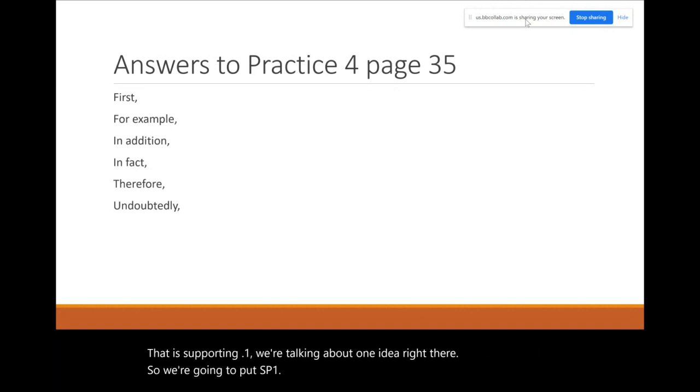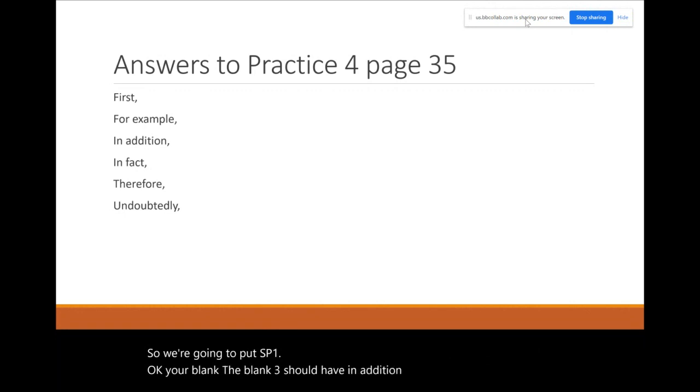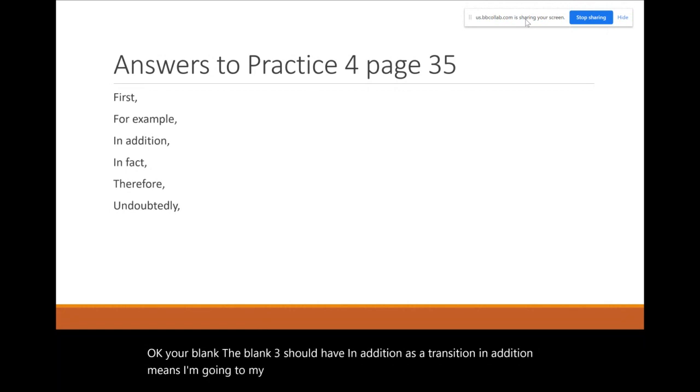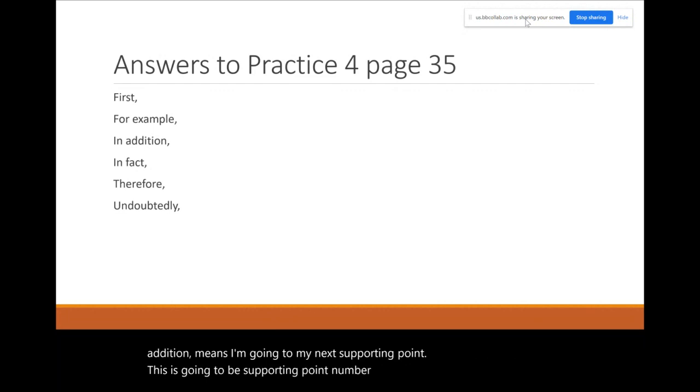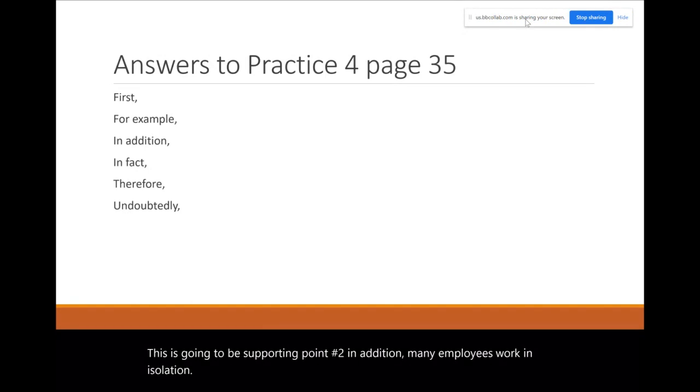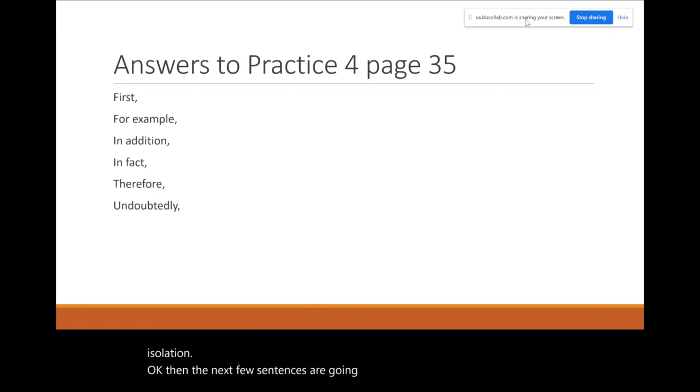Your blank number 3 should have "in addition" as a transition. In addition means I'm going to my next supporting point. This is going to be supporting point number 2. In addition, many employees work in isolation. Then the next few sentences explain why and how they're working in isolation.